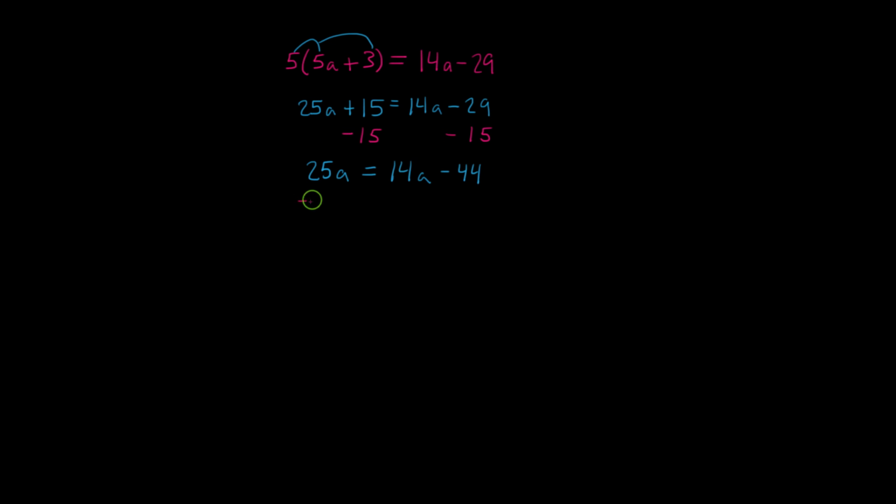Now I'm going to subtract 14a on both sides of the equation. I'm left with 11a is equal to negative 44. Alright, now let's divide both sides by 11. And I have a is equal to negative 4.